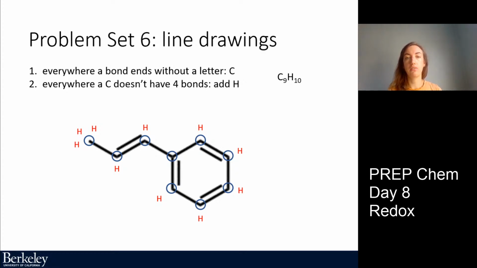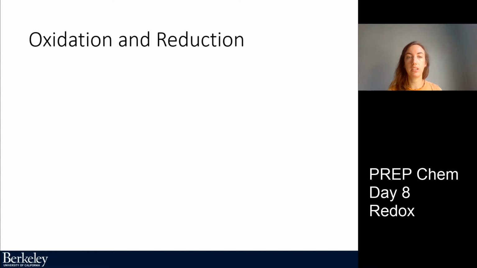Okay, so today we're going to talk about oxidation and reduction. So the basic definition of oxidation is loss of electrons. So if a given atom loses electrons, it has been oxidized.